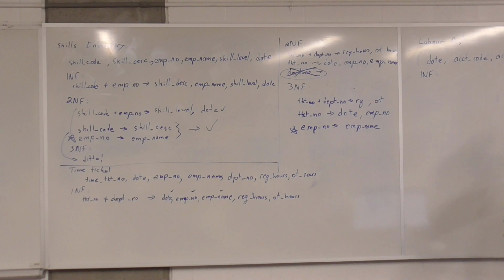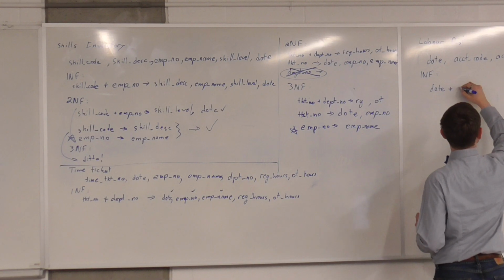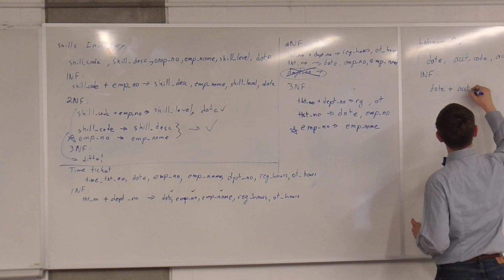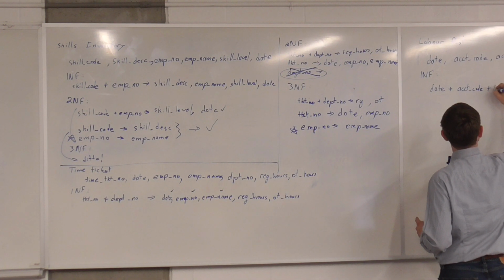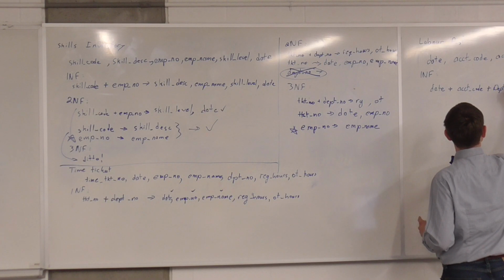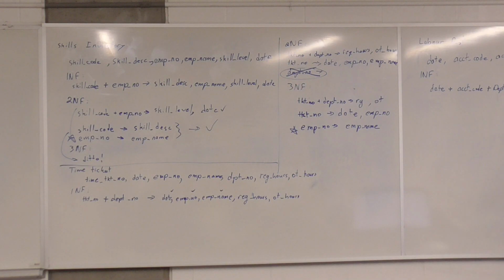So let's see, we need date plus account code plus department number. The one final check I would do here is to make sure that account code is not dependent on department number, right?